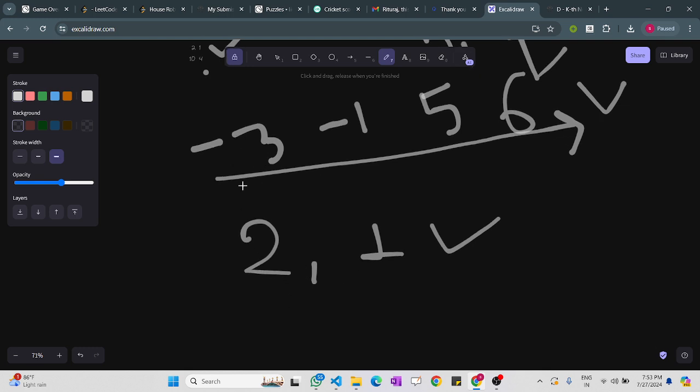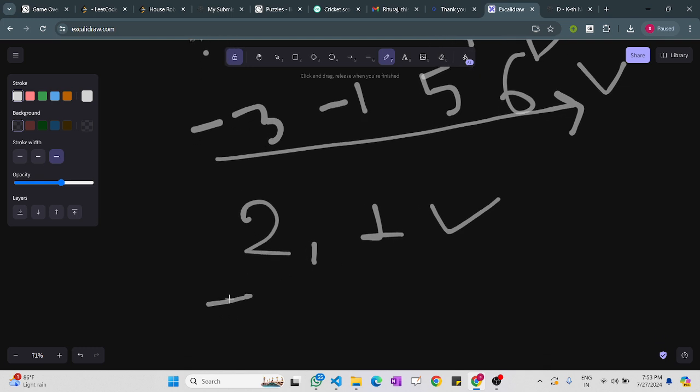So what is the distance from -3 to 2? That is 5, I guess. Yeah, it will be 5. Then -1 to 2, that is 3. Then 2 to 5, that is 3, and then 2 to 6, that is 4. You can see 3 is the first smallest distance that you can get among all the distances, right?